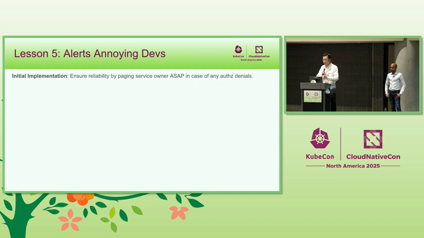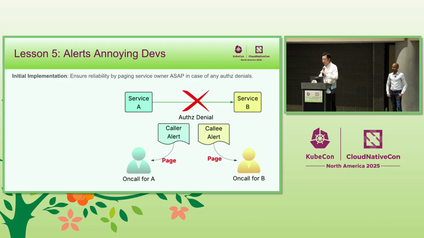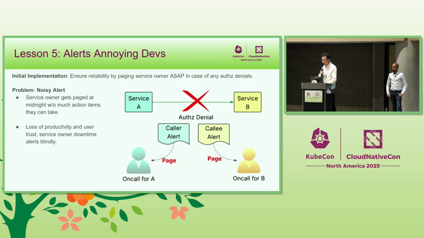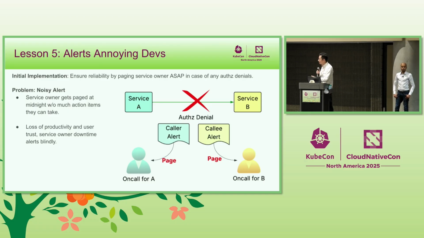The last lesson we want to mention is, to ensure reliability, we created alerts to notify service owners when authorization delay is happening. It turned out to be quite noisy at times because people get paged at midnight and they do not have clear action items. This also caused some trust issues from users because they don't take the alerts seriously after they get paged multiple times.